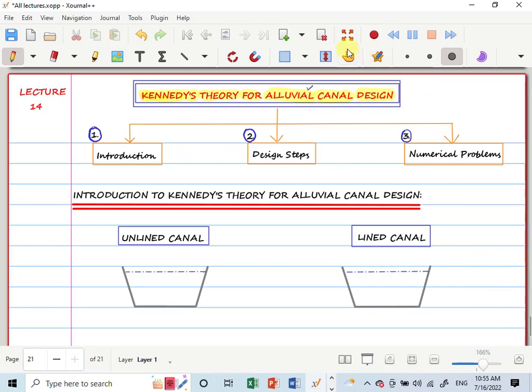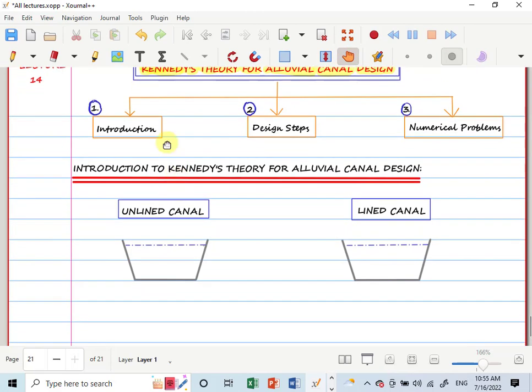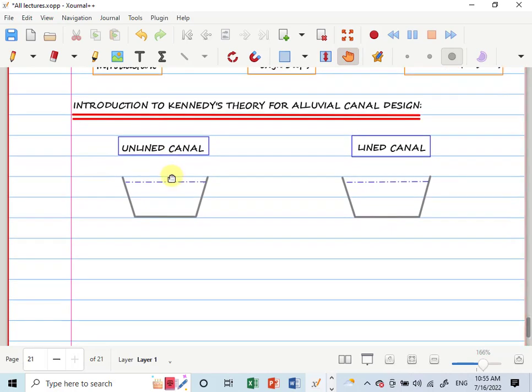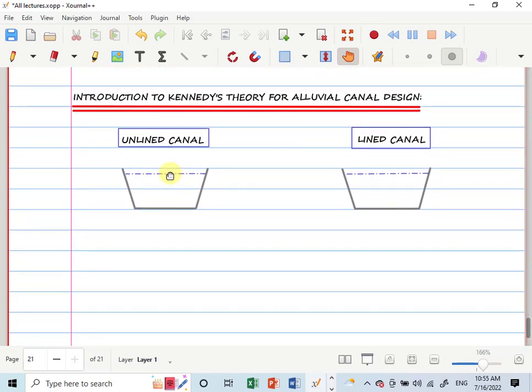So let's move forward and see what we got for today's lecture. As we have discussed previously, we have divided canals on the basis of their lining, right? Unlined and lined canal.